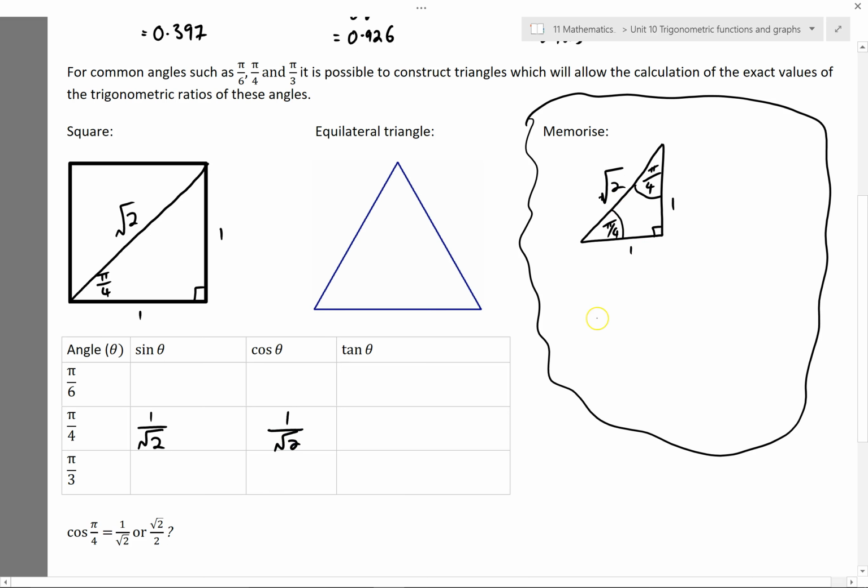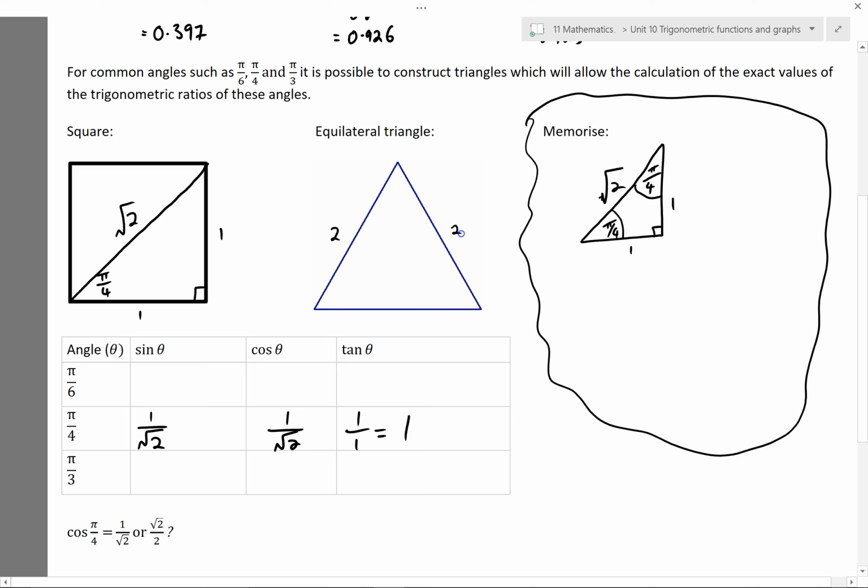And finally for tan, opposite over adjacent is 1 on 1, which is just 1. So this black triangle is the one we used for finding sine, cos, and tan of pi on 4 radians.